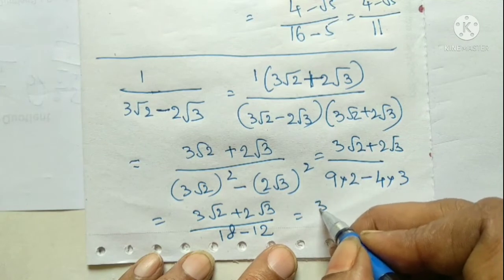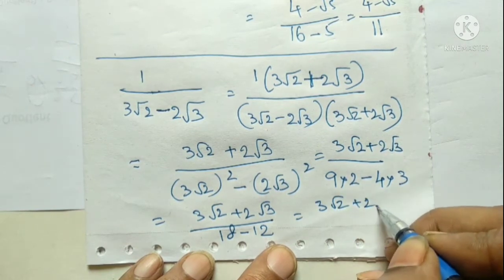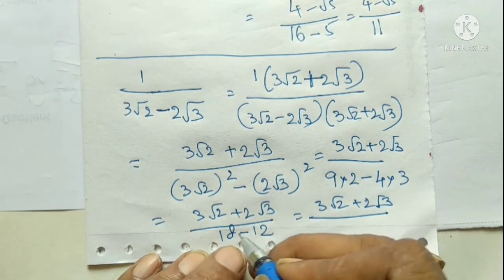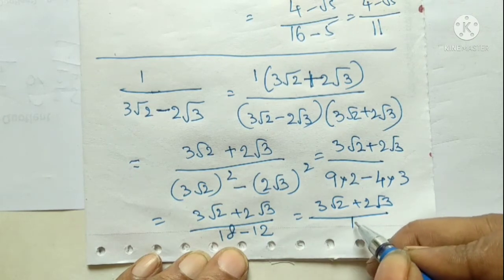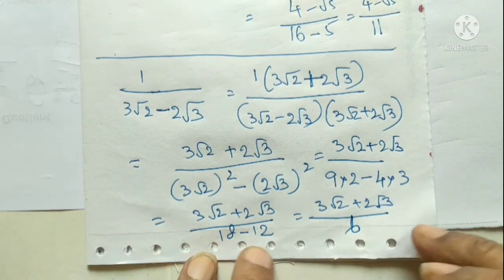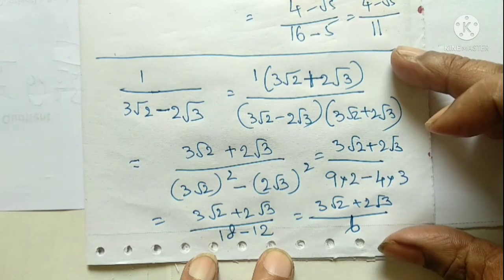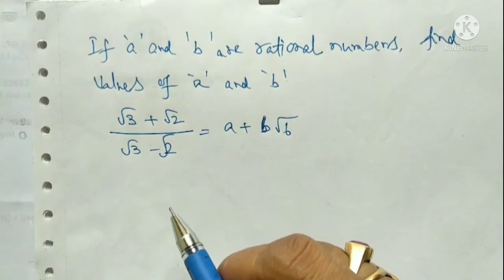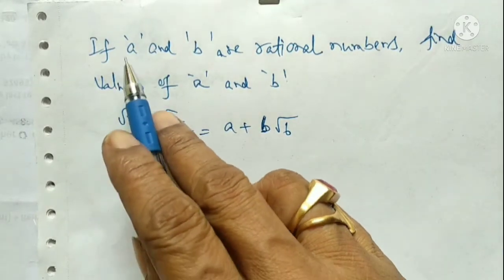So this is 3 root 2 plus 2 root 3 by 18 minus 12, which is 6. So this is how the rationalization of the denominator is done. Let us consider another example.